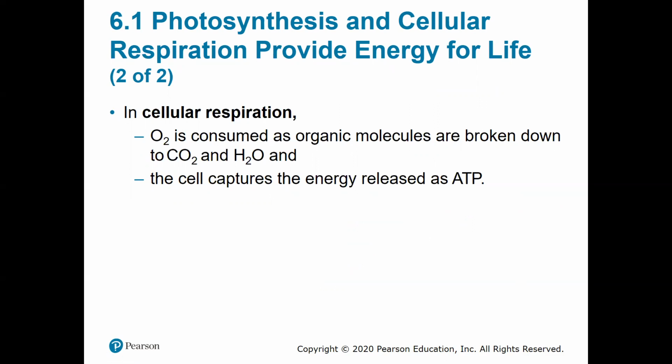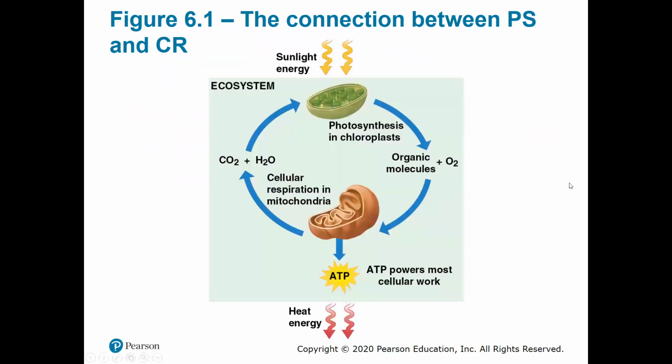So the cell then captures the energy that is released from this breaking down of the organic molecules as ATP. So here's just an overall diagram showing you how photosynthesis and cellular respiration are related to each other. They are complementary processes.